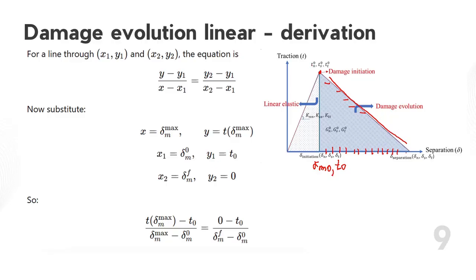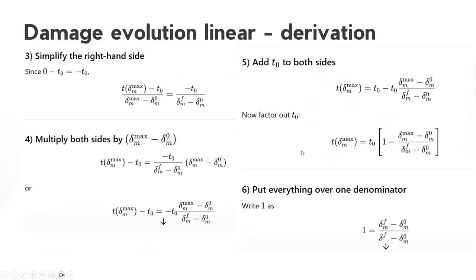x2 is equal to delta mf. So this is the slip at the point of the fracture, and y2 is equal to 0 because the traction is equal to 0. So once you complement the equation, you will receive basically those two terms on the left side and the right side of the equation. Actually, at first we need to simplify the right hand side.